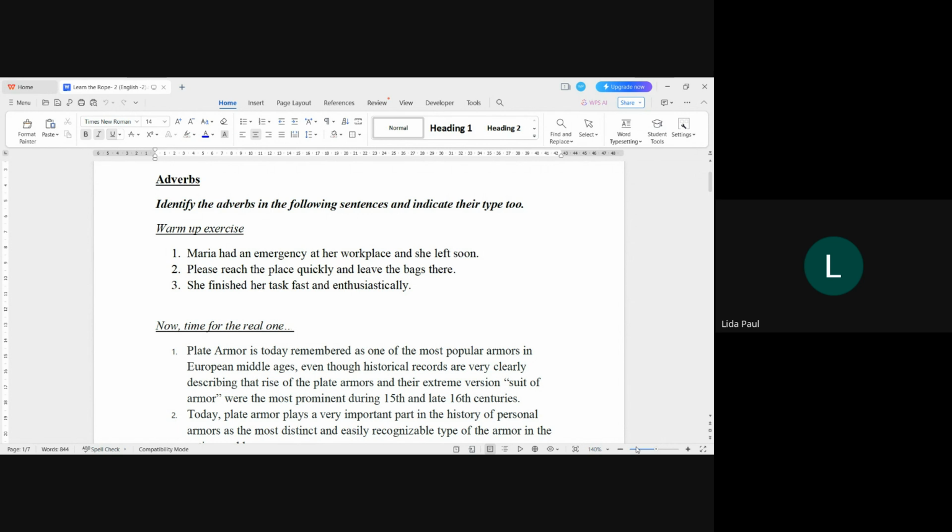So, degree adverbs, what do they do? The basic function of any degree adverb is to add intensity to what has already been mentioned. That intensity or emphasis can be added to either a verb or an adjective. You can say very slowly, wherein very is the degree adverb, providing emphasis for another adverb, which is slowly.